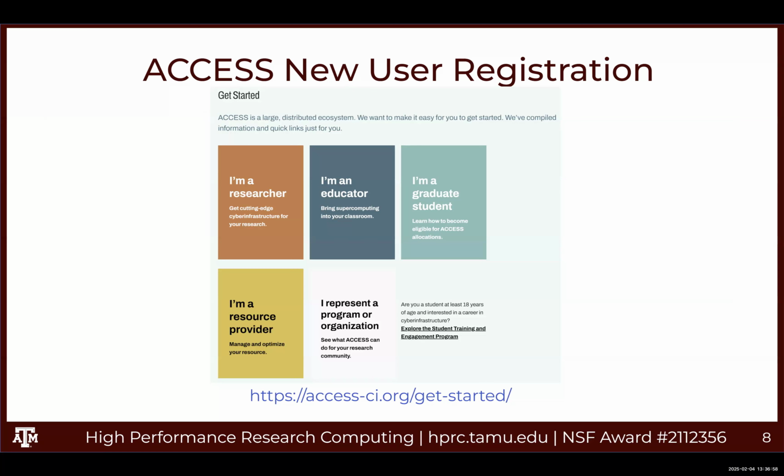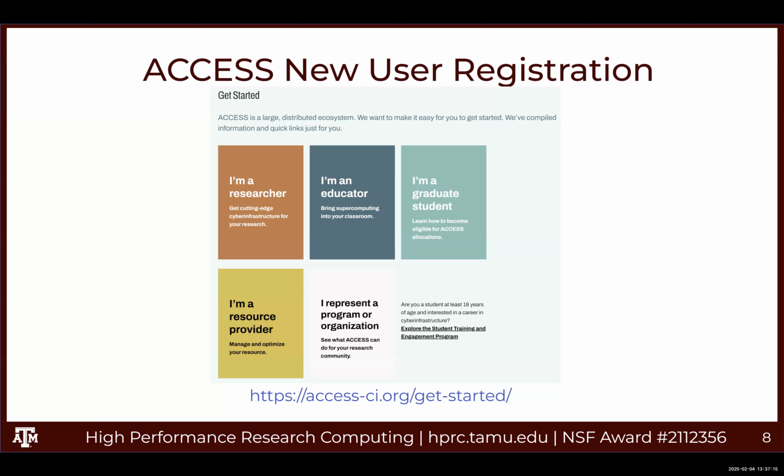So I didn't talk really about what access is. And so let me mention, just so there's some confusion sometimes with people between ACES and access, because they're so similar, what the difference is.